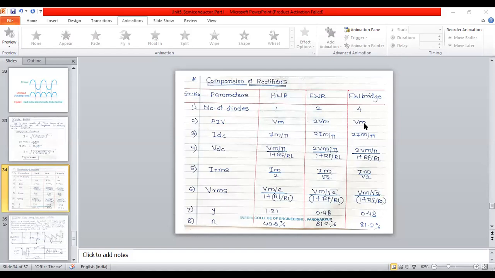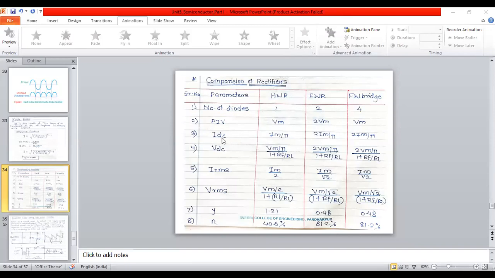But for the full wave bridge, again V_m: one diode takes half and the other diode takes half, so half plus half is one V_m. So for the half wave rectifier and the bridge, the peak inverse voltage is V_m, but for the full wave rectifier it is 2 V_m.